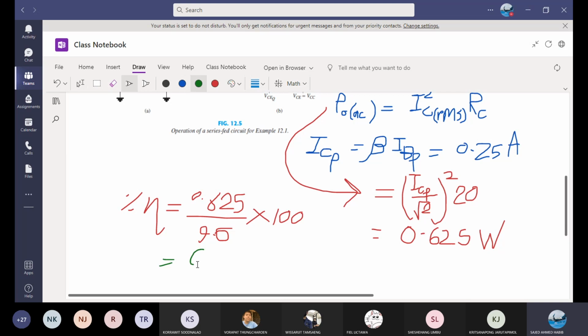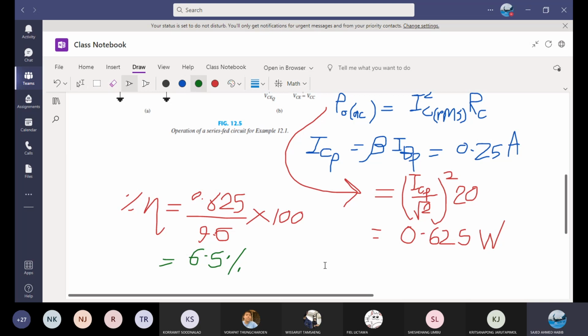It's terrible. It does not reach the maximum value of 50%. It does not even reach 25%. So this is the problem with the class A amplifier. The efficiency is quite low. In the next example, which we are about to do, that one is the transformer coupled class A amplifier.